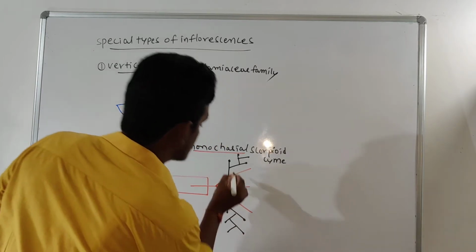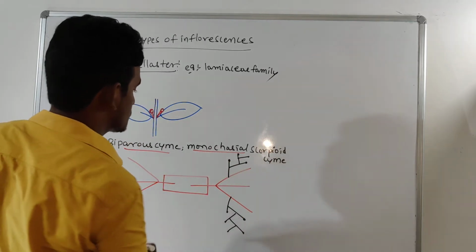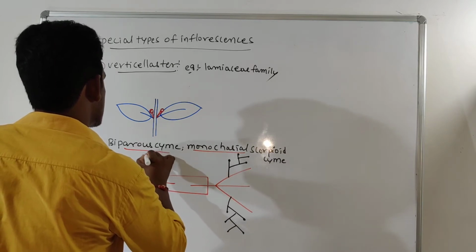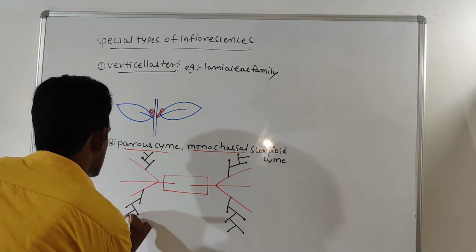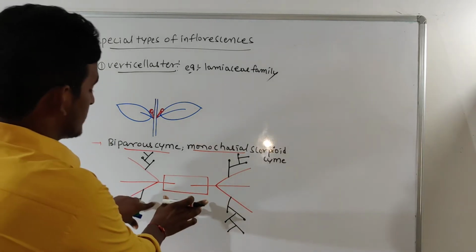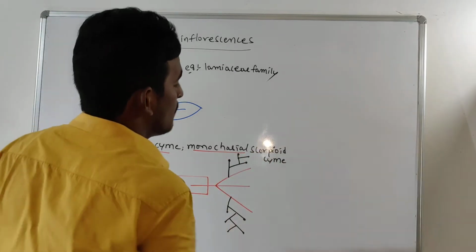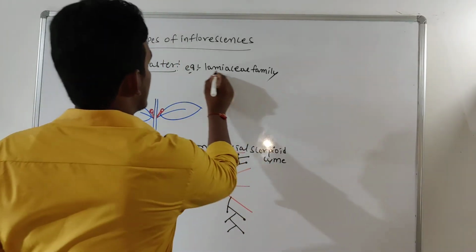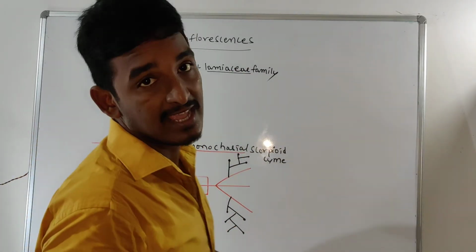Scorpioid manner means the second one is always opposite to the first one. So first it behaves like a biparous cyme 2 to 3 times, later like a monochasial scorpioid cyme. Generally it is found in the Lamiaceae family. So that is the Verticillaster inflorescence.